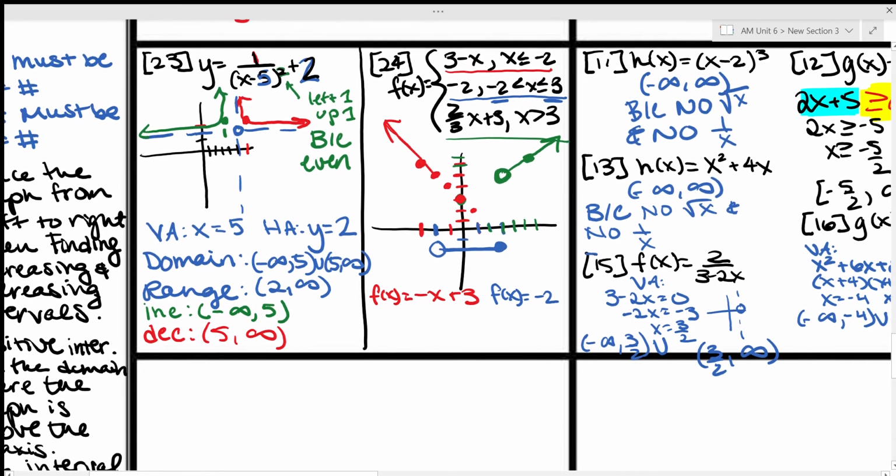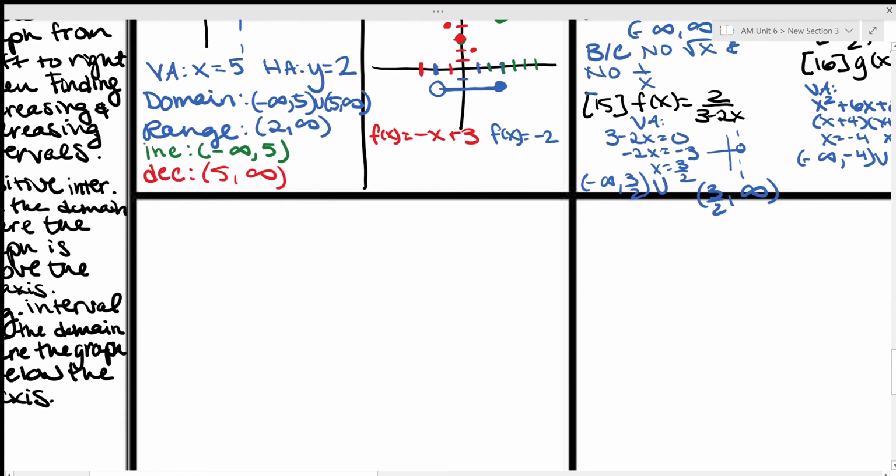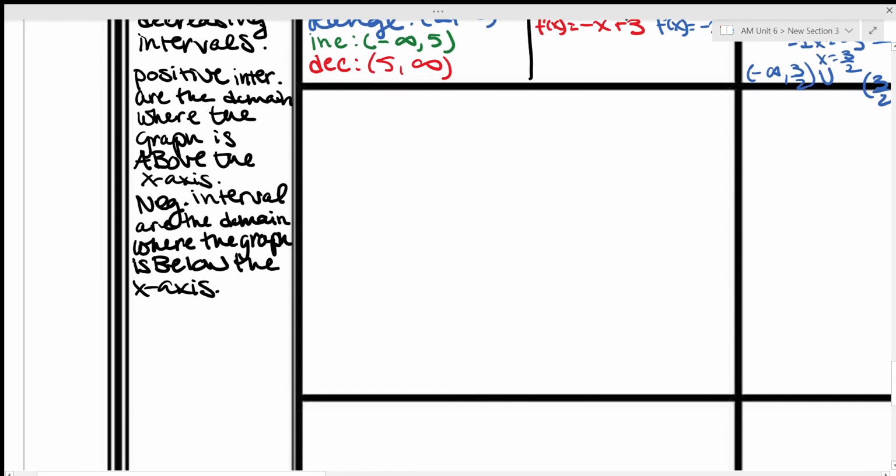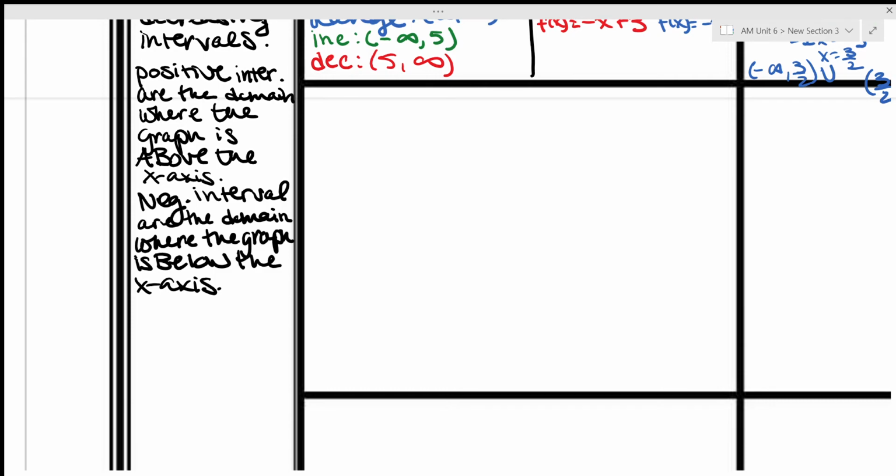Okay, so I'm going to move this up a little bit. I am going to add a little bit of notes on the side here, okay? If you have something like f minus g of x, this means that you're going to take your f function, it's going to be in the front, and you're going to subtract the g function.